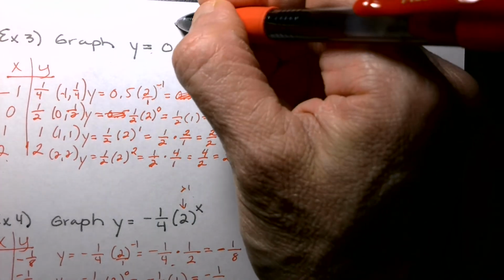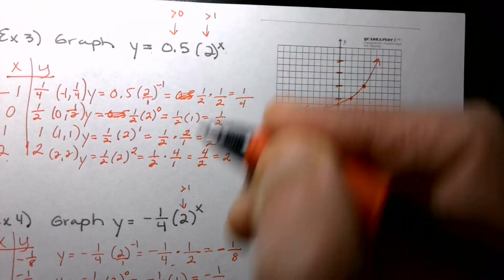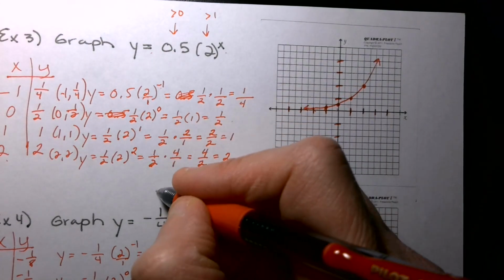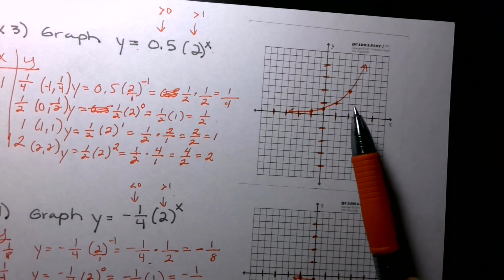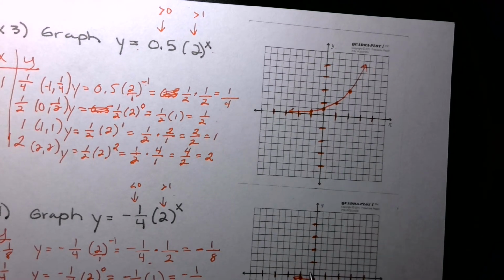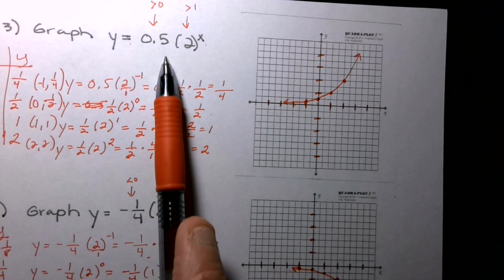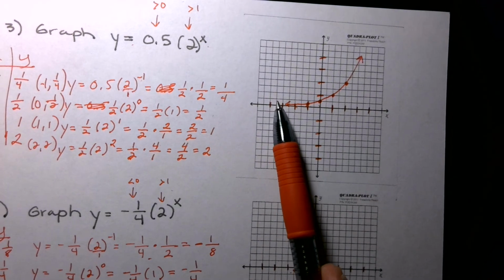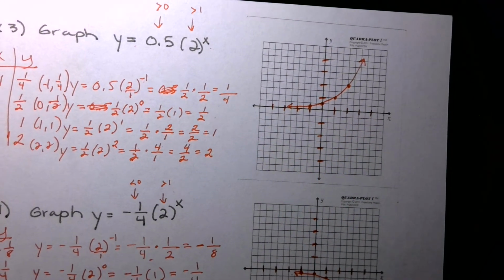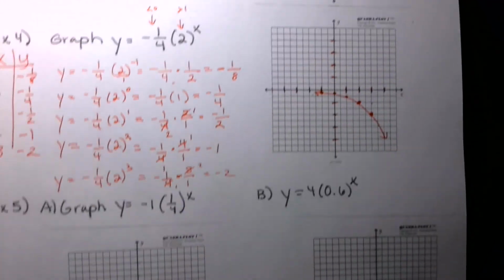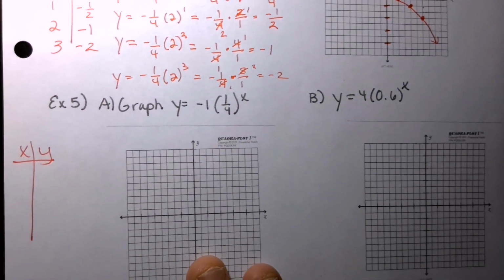And then this number was greater than 0, but this number was less than 0. So look at the difference in the graphs. When this stayed the same, when it was a positive, it went up, and when it was a negative in front, it went down. That kind of falls through with what we have in general learned about parabolas too.